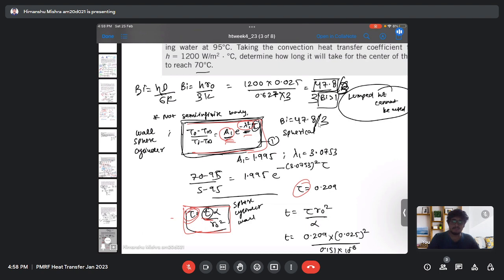Next week we will be solving some problems related to the Nusselt number, from where we will try to find the heat transfer coefficient in external boundary layer flows. There will be a specific relation for finding the heat transfer coefficient in terms of the Nusselt number. The Nusselt number is basically a non-dimensional heat transfer coefficient.